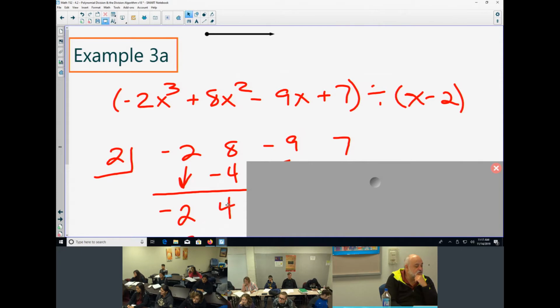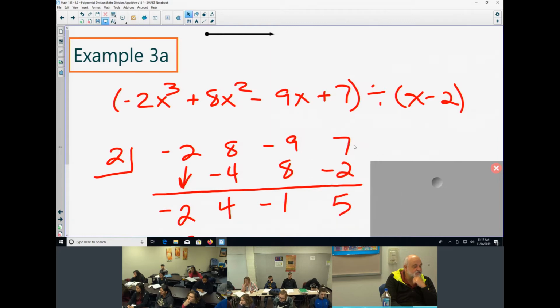Okay, then you continue. Multiply, 4 times 2 is 8. You write that under the -9, and then add. -1 times 2 is -2. You write that under the 7, and you add and get 5.